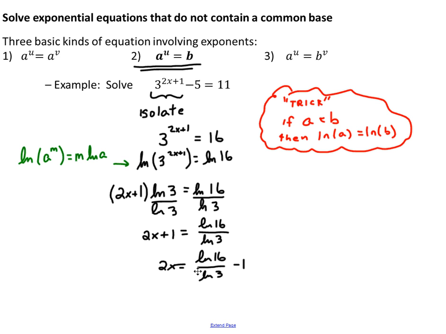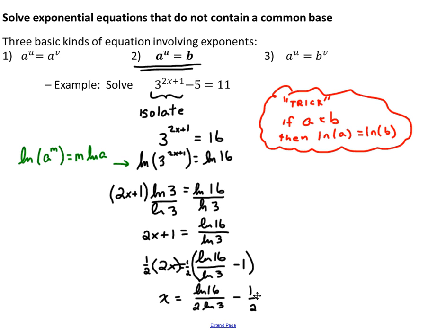And then multiply everything by 1/2. So I'm going to take 1/2 times the left-hand side of my equation and multiply the right-hand side by 1/2 as well. So I get x is equal to the natural logarithm of 16 over 2 times the natural logarithm of 3, all minus 1/2 times 1, so 1/2.